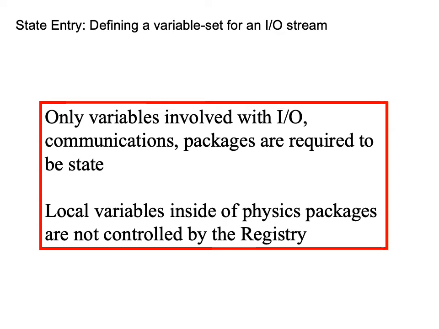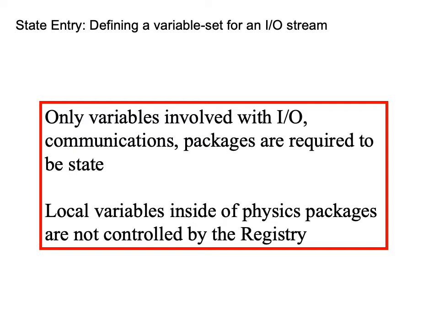The important portion that a user needs to know about the state variable is only variables that are involved with I/O, any type of communication or packages are required to be state. If you have a variable inside of a physics package and it never bubbles out of the top of the physics scheme, those local variables inside physics packages are not controlled by the registry.